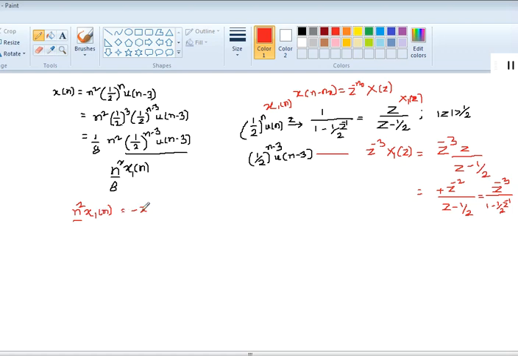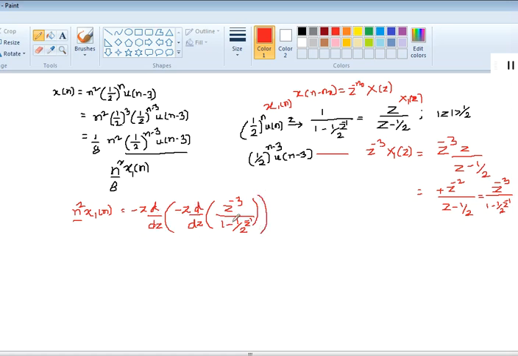So it is minus z d by dz of minus z d by dz of x1 of z, which is z raised to minus 3 divided by 1 minus 1 by 2 into z raised to minus 1.